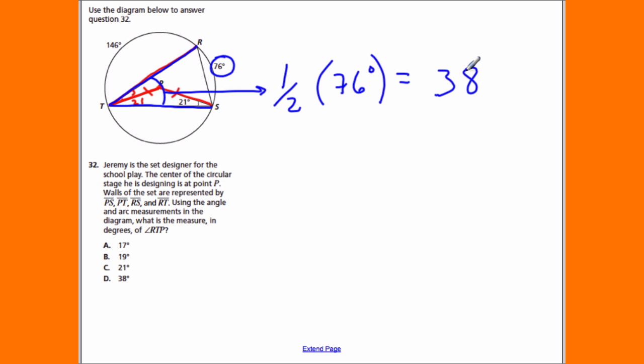Well, this whole thing is 38 degrees, and this angle here is 21. I'm left with, in this space right here, 38 minus the 21 for a total of 17 degrees. So A in this scenario is going to be our best answer.